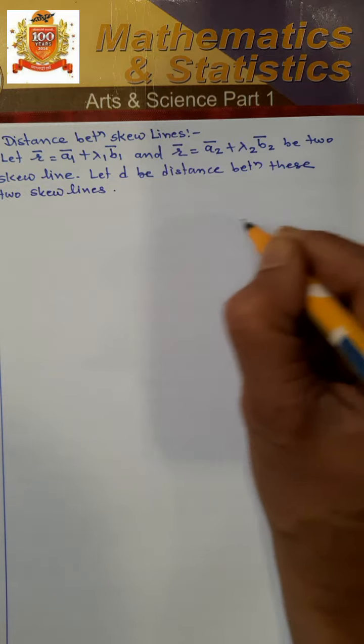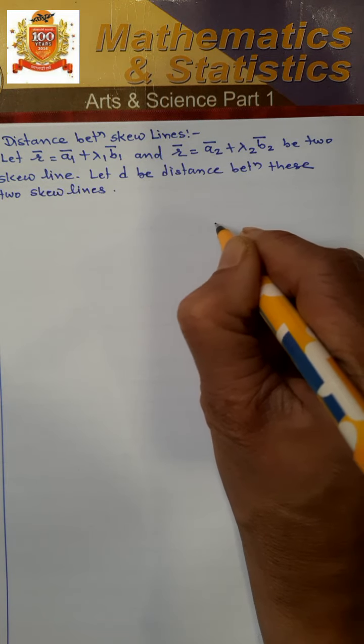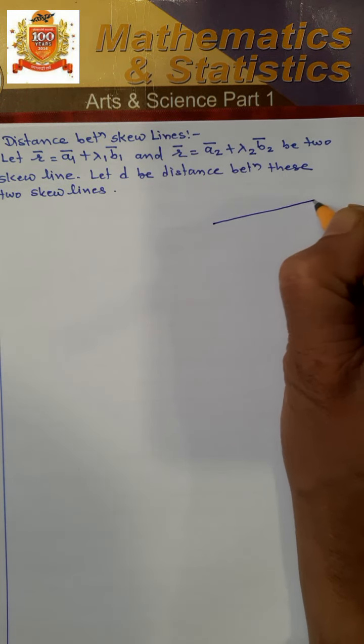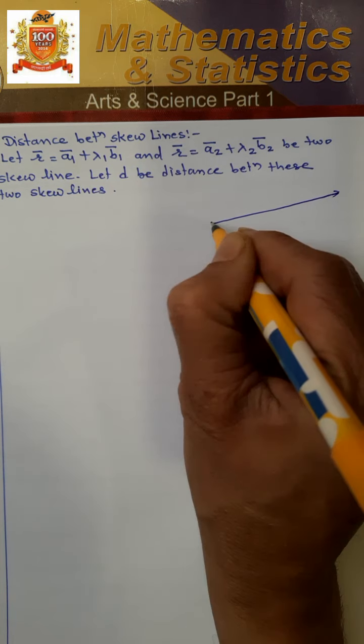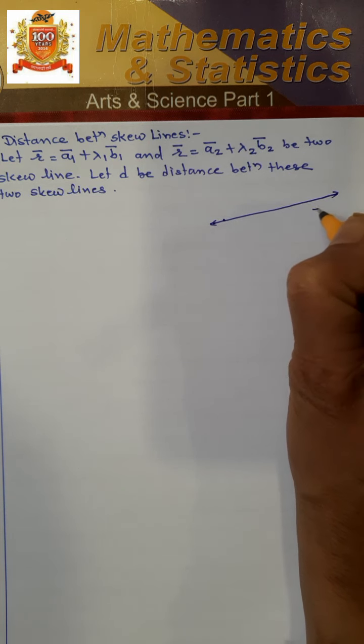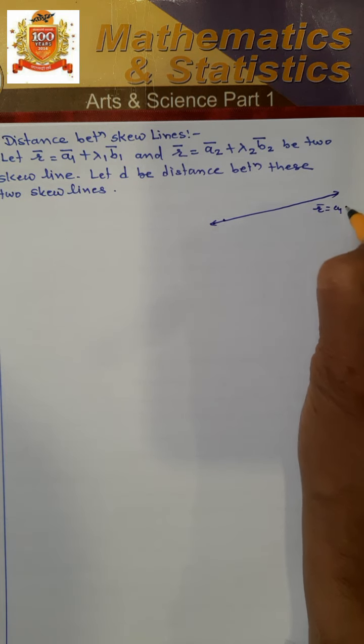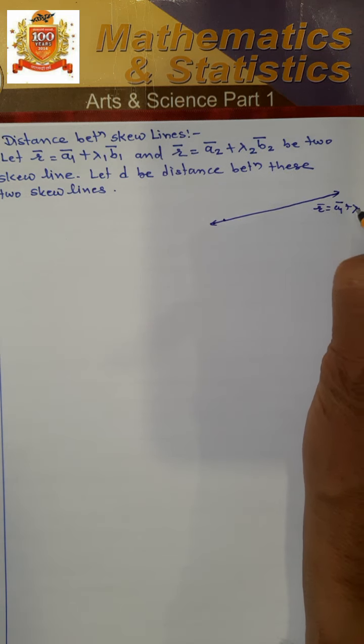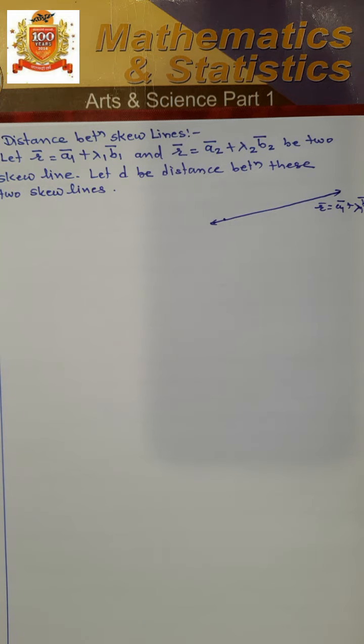Here, this is one line whose equation is r bar is equal to a1 bar plus lambda 1 b1 bar, isn't it?